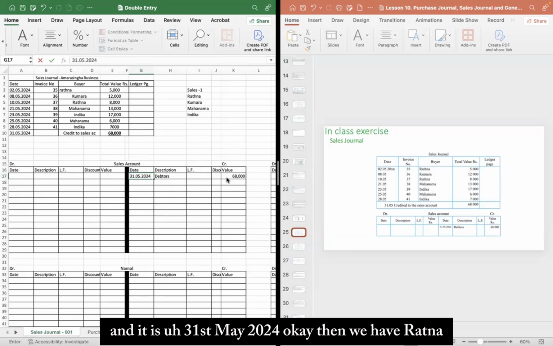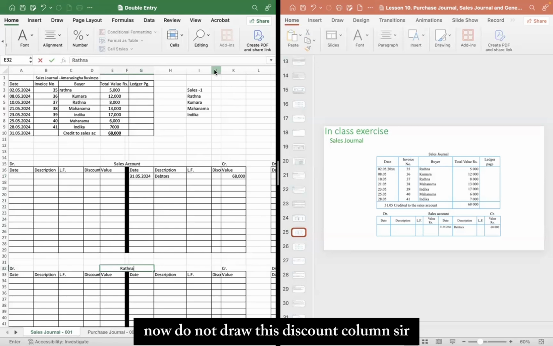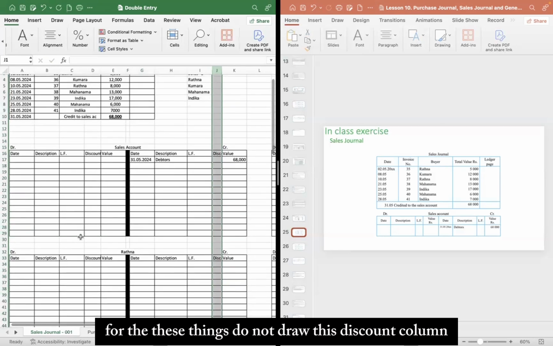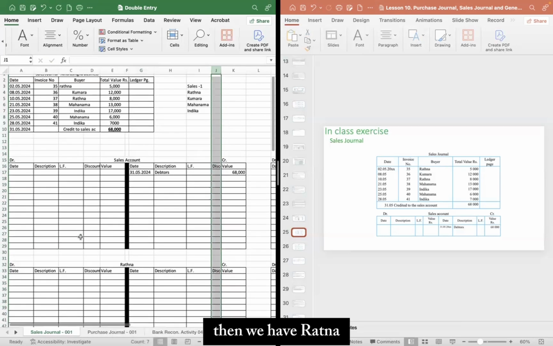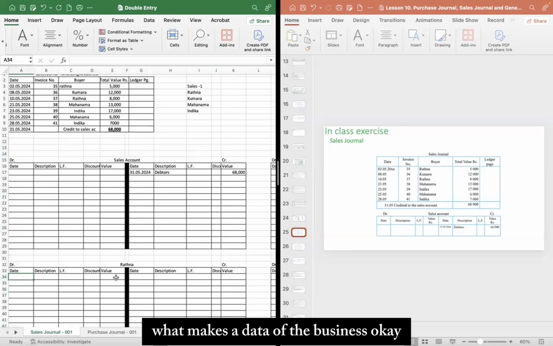Then we have Ratna. Now do not draw the discount columns for these accounts. Ratna is a debtor of the business, so it should ideally carry a debit balance.